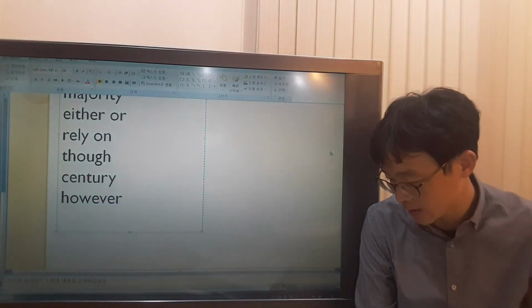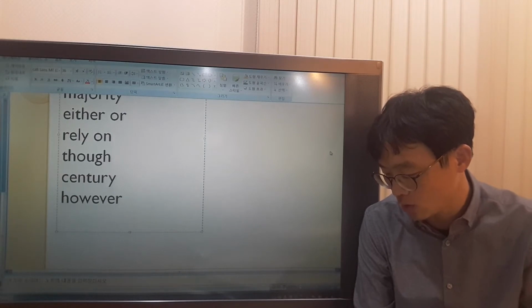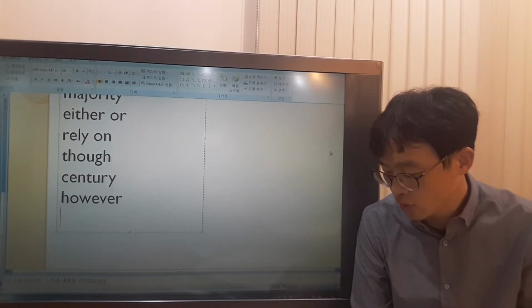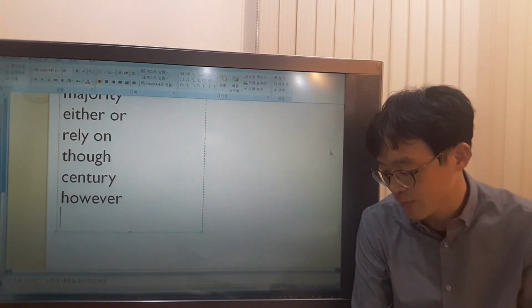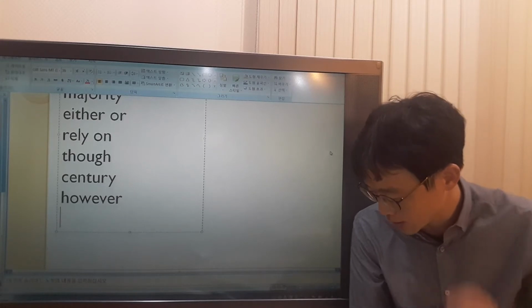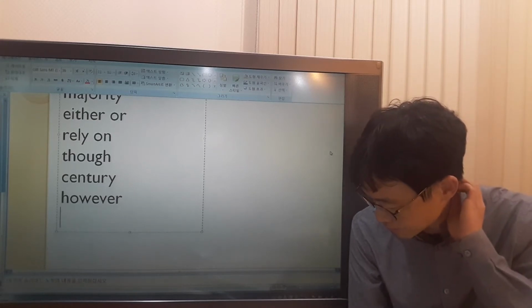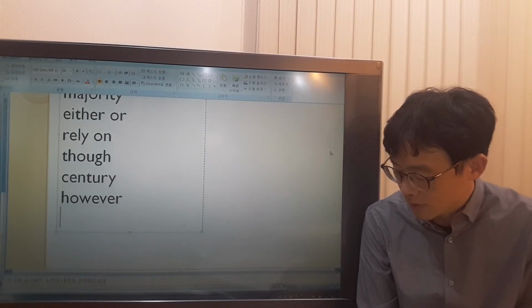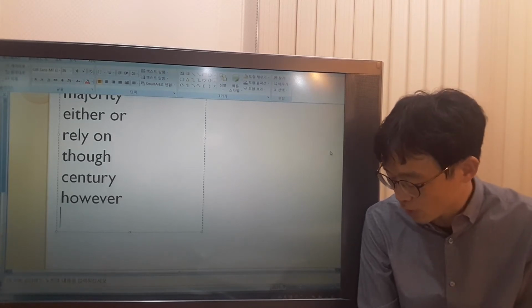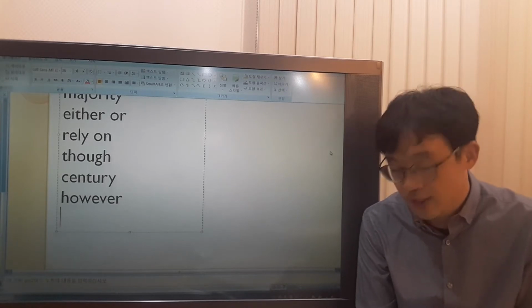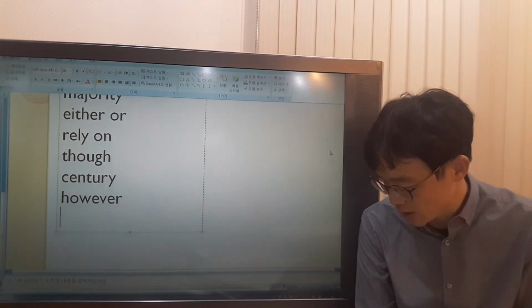Okay, what is this part about? This part is about how old these paintings are, okay? Watercolors were used by primitive men on their caves thousands of years ago, but the modern form was perfected during the 18th and 19th century in Great Britain.